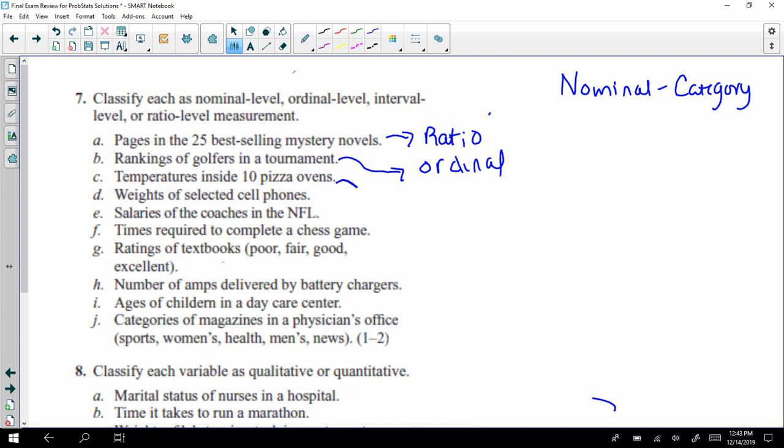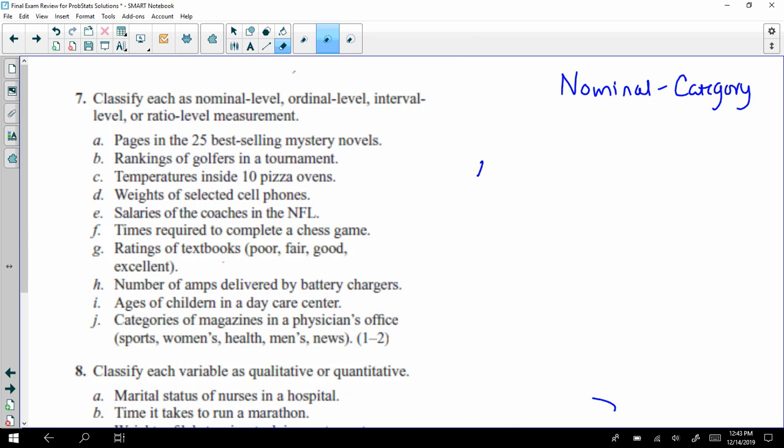Temperatures inside 10 pizza ovens. Sorry, guys, having technical difficulties today.